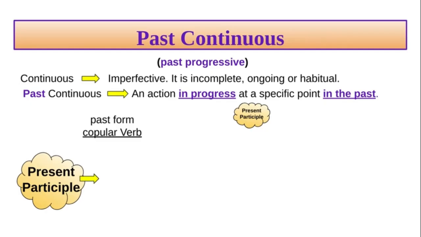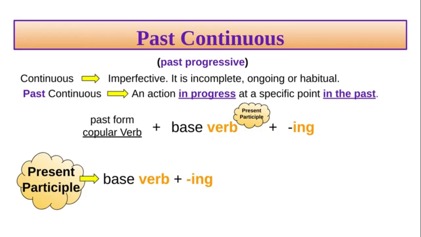A present participle is the base form of a regular verb plus an ing ending. Okay. Now, let's start with a subject. The subject, I. Next, the past form copular verb, okay, that agrees with our first person singular pronoun, was, the past form of the copular verb.